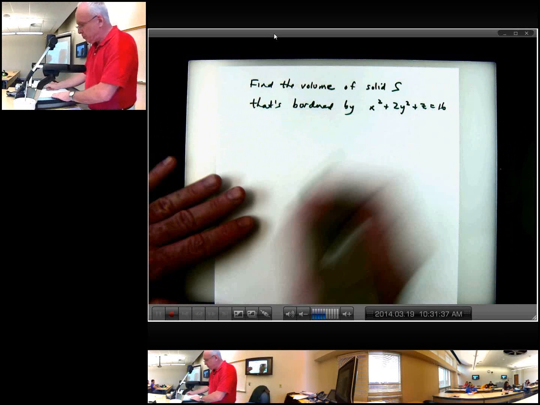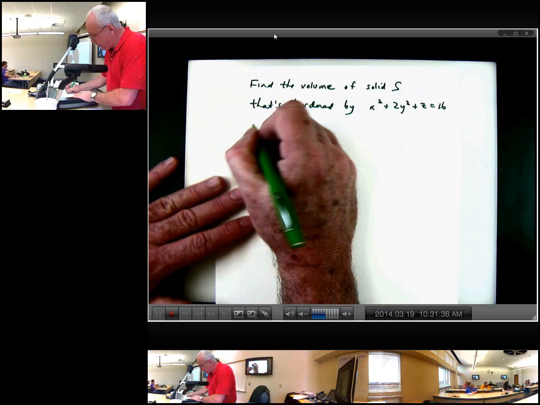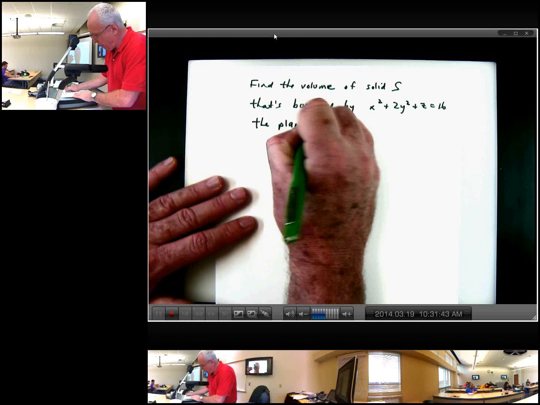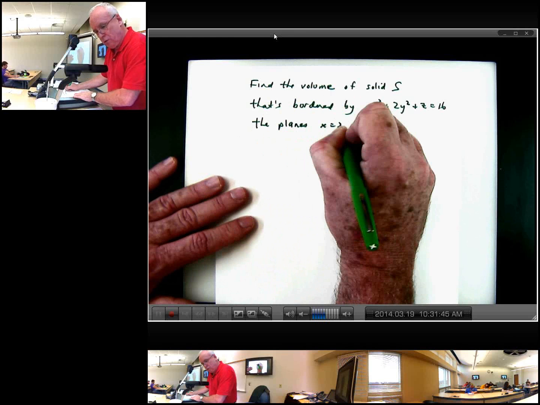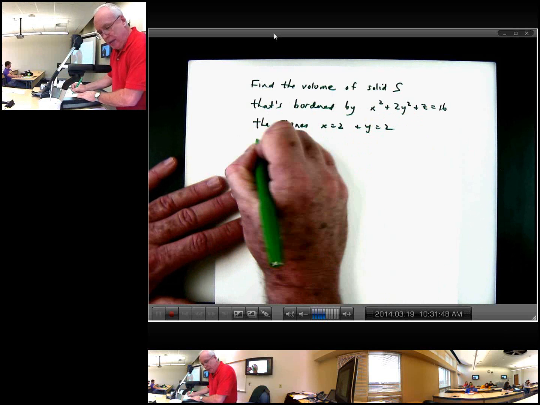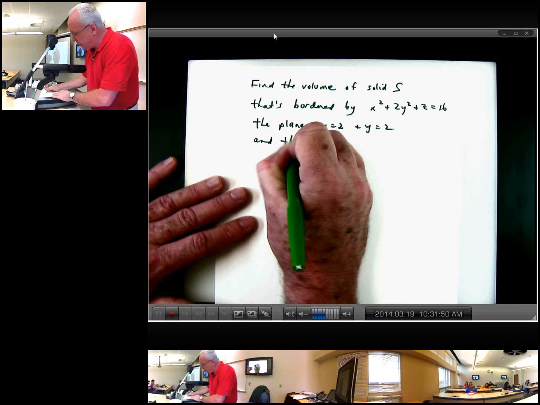That's one of its borders. Of the planes x equals 2 and y equals 2. Those are other borders. And the three coordinate axes.